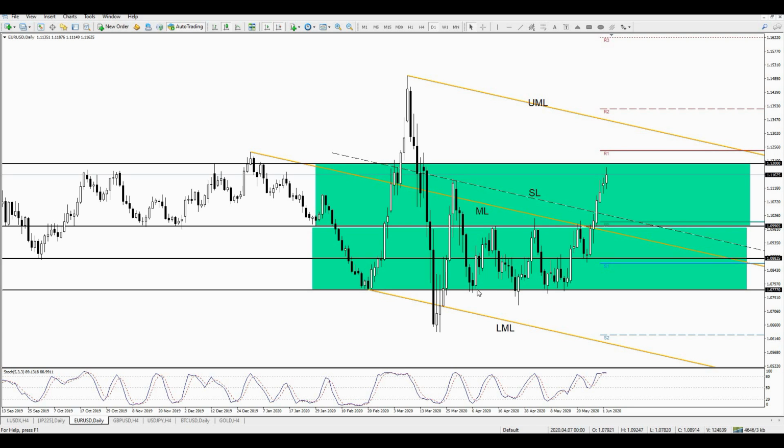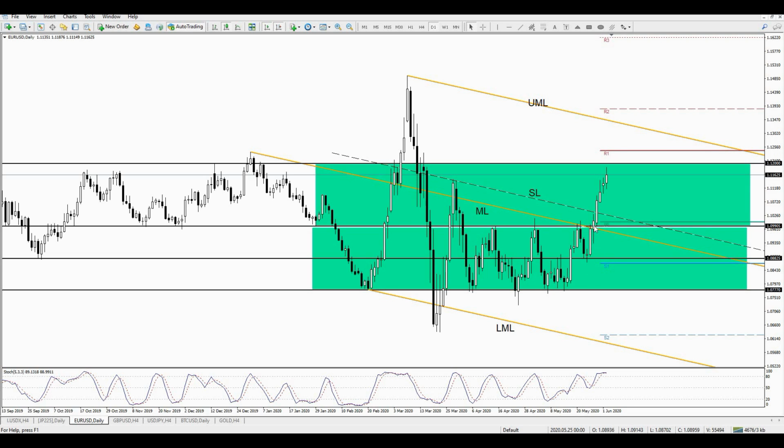It decreased again, but as I said earlier, the failure to retest at least this line, or to reach this low, has signaled that the downside movement could be complete and that a sideways movement could develop in the short term.